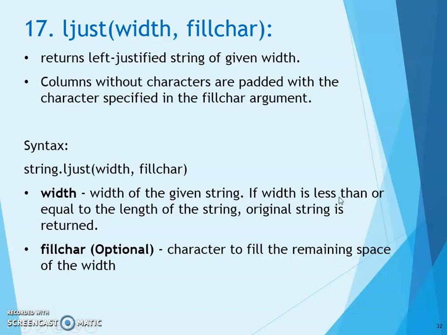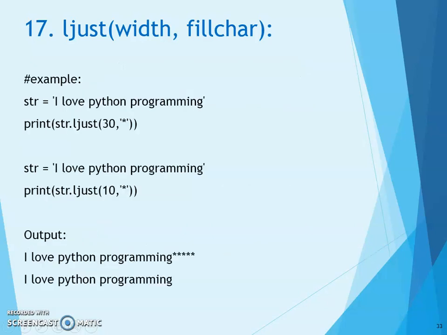And if the width that is mentioned here is less than or equal to the length of the original string, then the original string will be returned. We'll see an example of this. So this is the string. 26 characters are there, and we want to print it left justified with 30 width.